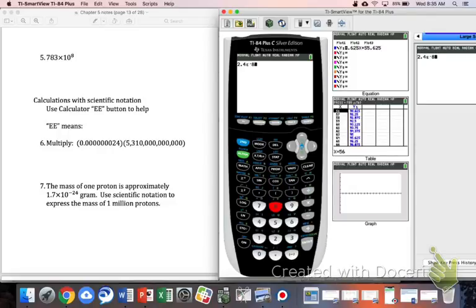Let's finish this up. The other one was, so it was times, and it was 5.31 times 10 to the 12th, so I would just go E12. So that's basically the calculator representation of what we have on our paper.